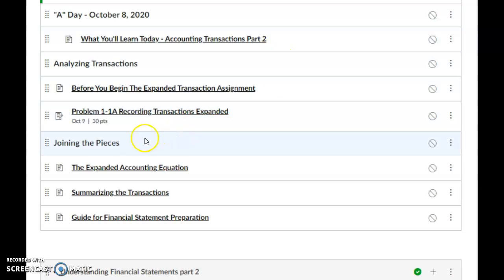And you can go to Joining the Pieces and you will see several helping pages here just for your information: expanded accounting equation, summarizing transactions, and a guide for financial statement preparation. Those are there for your help.